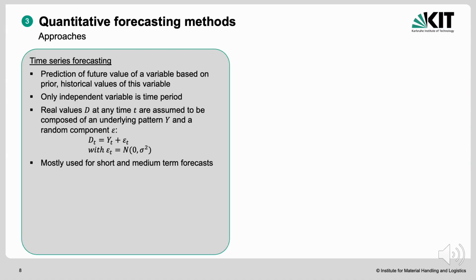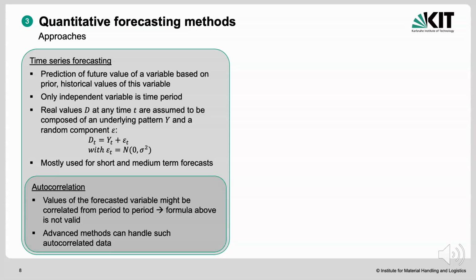So if we have this, then we would assume that on average our forecast is right. Sometimes it's too high, sometimes it's too low, but on average it is right. This is mostly used for short and medium-term forecasts. What it doesn't take into account is autocorrelation, but we will look at advanced methods where we could use that, because sometimes a value of the forecasted variable might be correlated from period to period, and then the formula above is not valid.